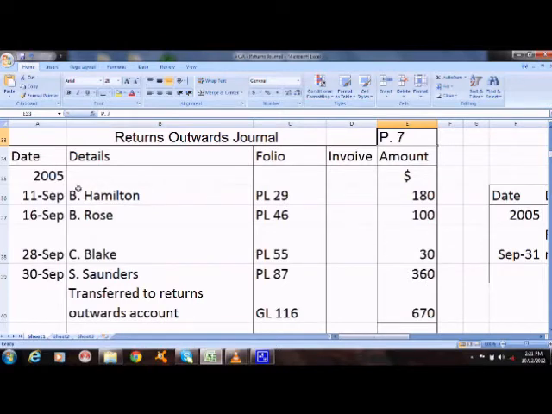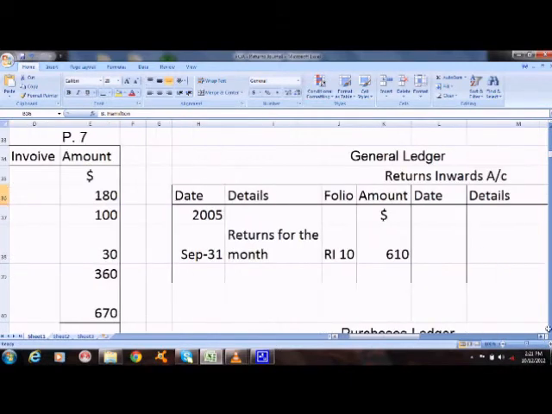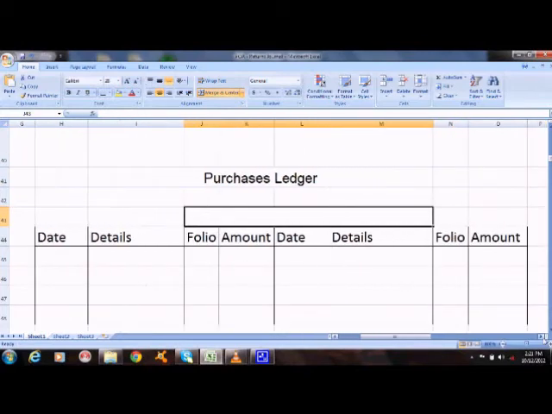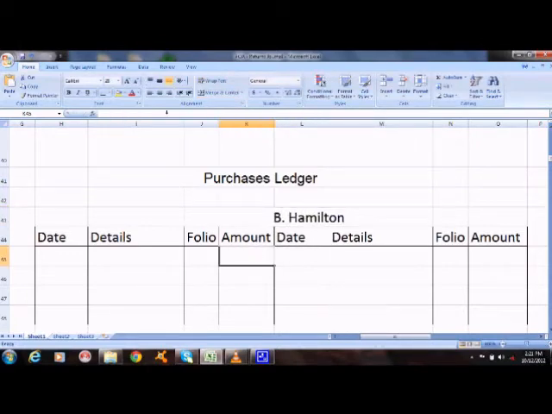Now our first one that we will post to the purchase ledger is B Hamilton. So as you can see, in the purchase ledger we're going to write B Hamilton down here. Then what kind of entry are we going to make?